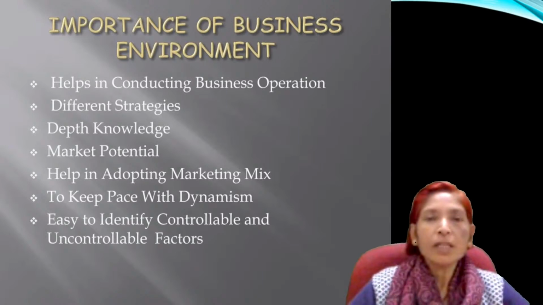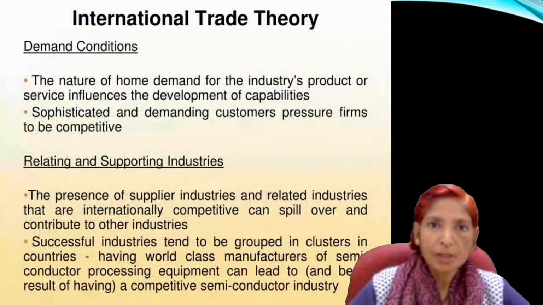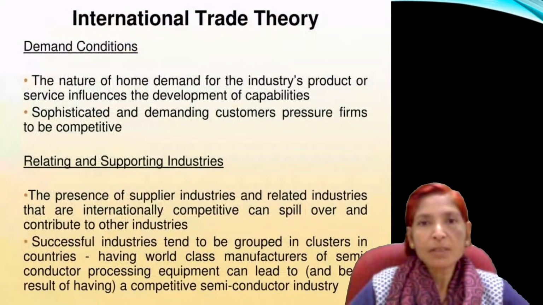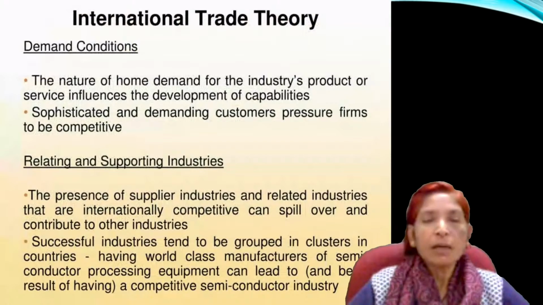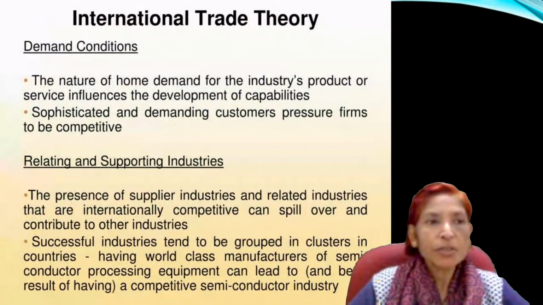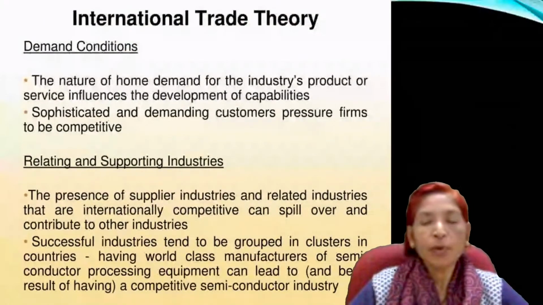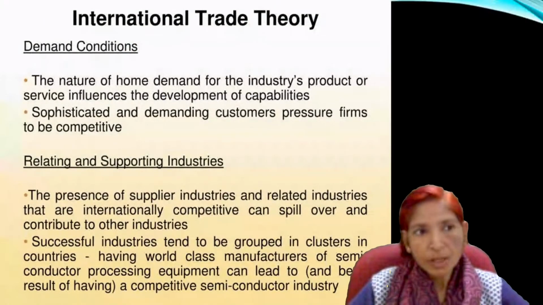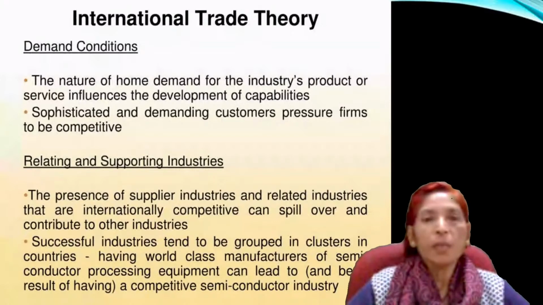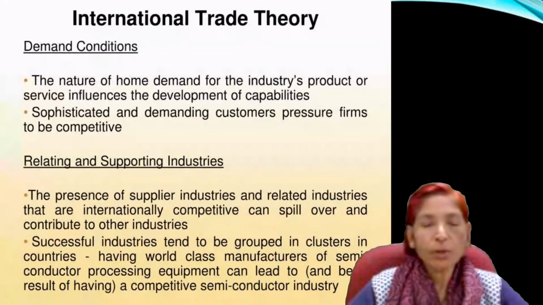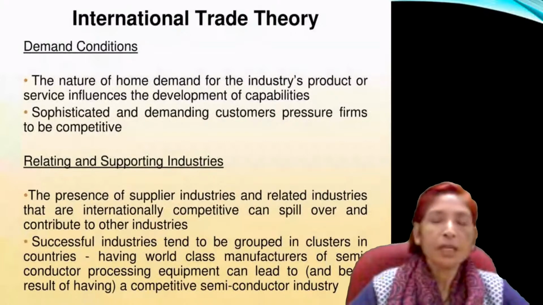Next is international trade theories, which is the most important part of this block 2, international trade. International trade theory is based on demand conditions and related and supporting industries. You know that demand plays a very important role in international trade.